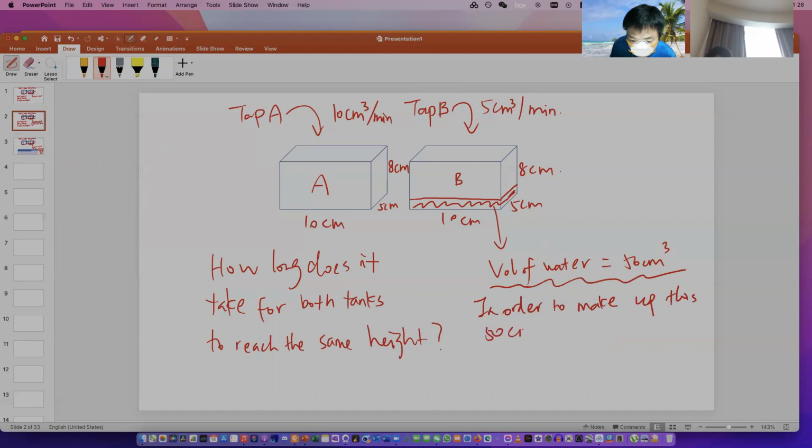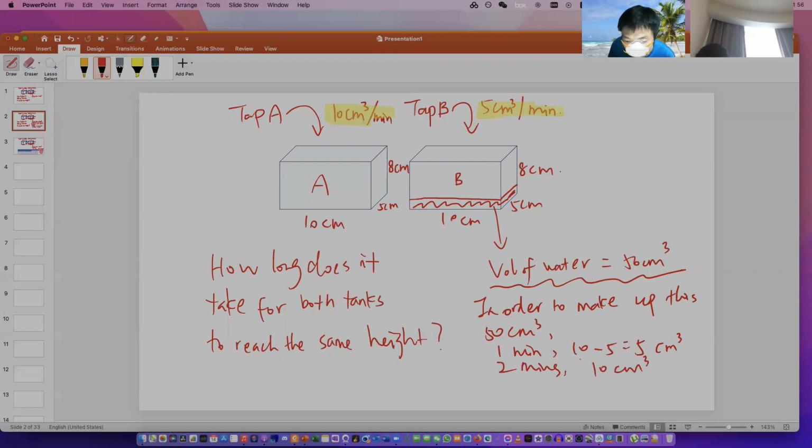this 50 cm cube difference, you have to look at the rate between these two taps. After 1 minute, tap A can make up 5 cm cube. After 2 minutes, tap A can make up 10 cm cube.